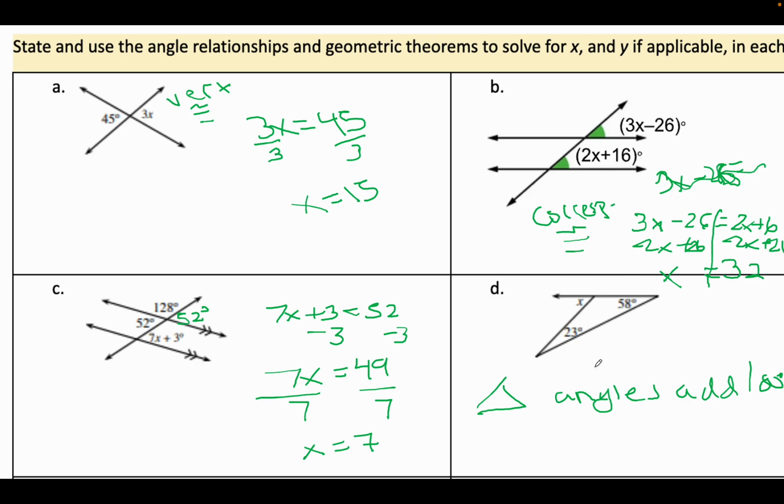So if I know that 23 plus 58 plus whatever this value is, we're going to call it y, not x, is equal to 180, I can subtract 23 and 58 from 180. Get that this is 99 degrees.